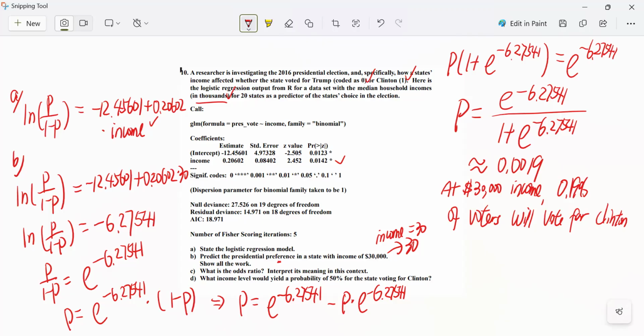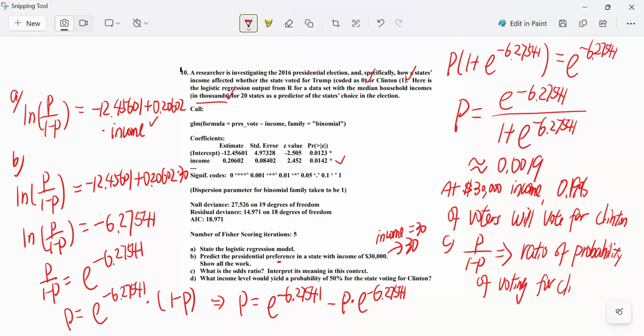And then the odds ratio is P over 1 minus P. That means it's a ratio of the probability of voting for Clinton over the probability of voting for Trump.